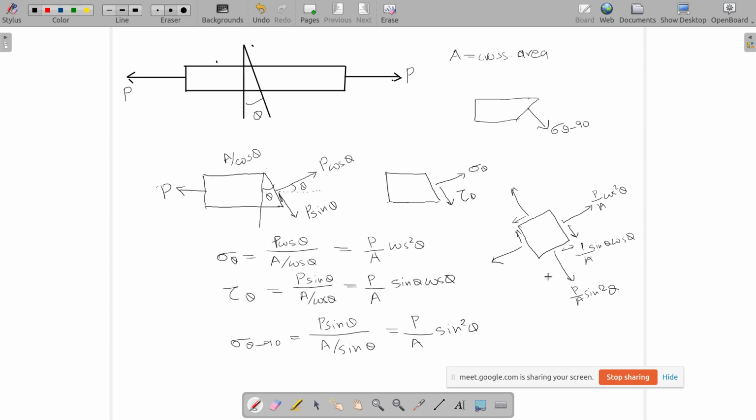What will be the tensor now? The tensor is nothing but sigma theta, tau theta, sigma theta minus 90.